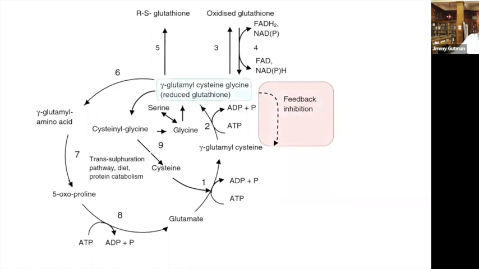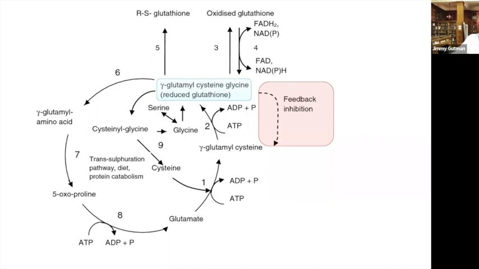We see here that the amount of glutathione that could be made by a cell has a certain limit, because if you reach a certain ceiling of glutathione concentration, it will lead to down regulation, or it slows down the production of glutathione.